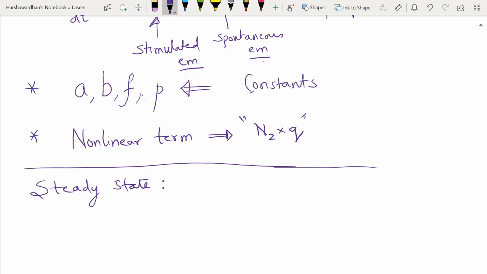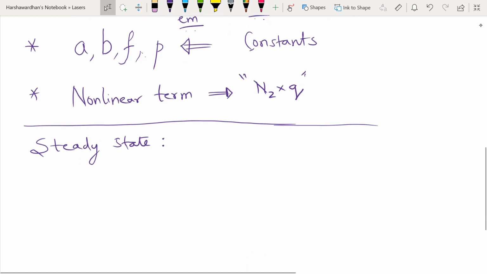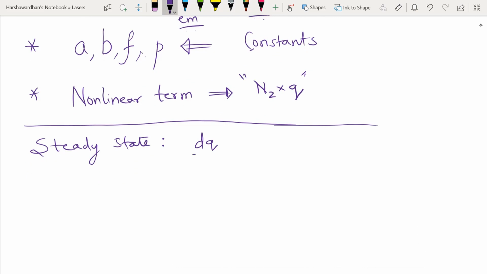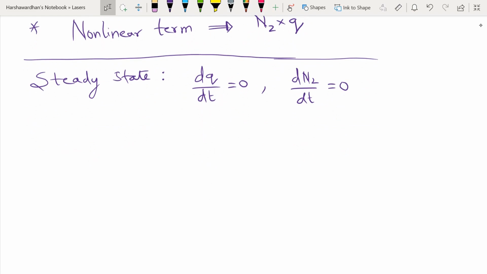I would have no change in the number of lasing photons, and hence that is the situation of a constant output from such a laser, which is what I am now going to focus on. So the condition I write down mathematically is that dQ over dt is equal to 0 and dN2 over dt is also equal to 0. So this is a steady state condition that I am going to invoke.